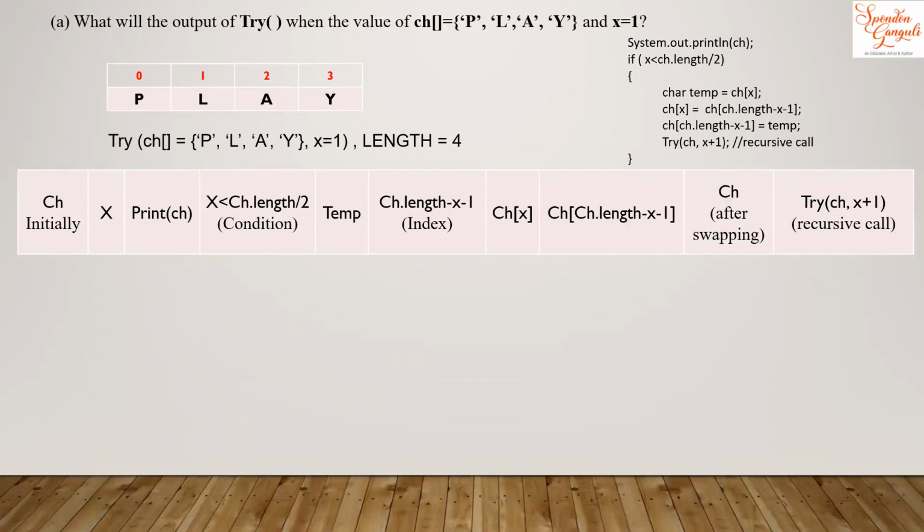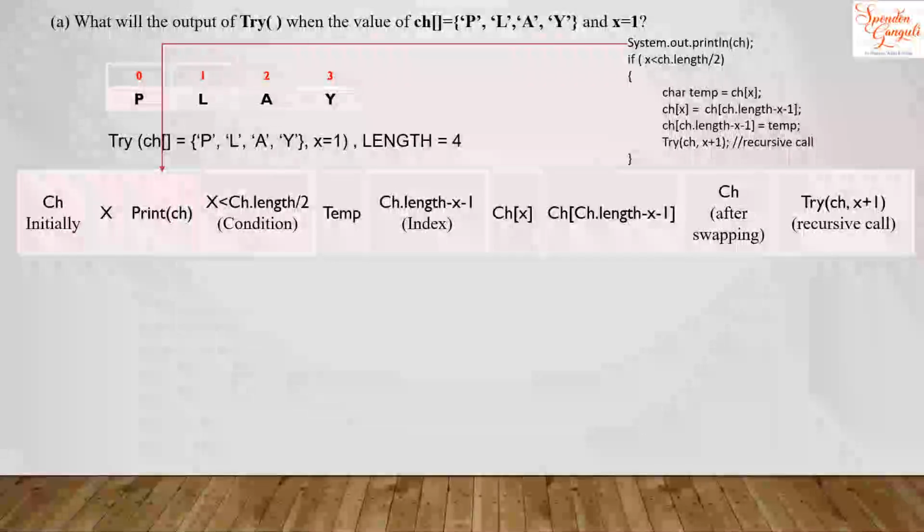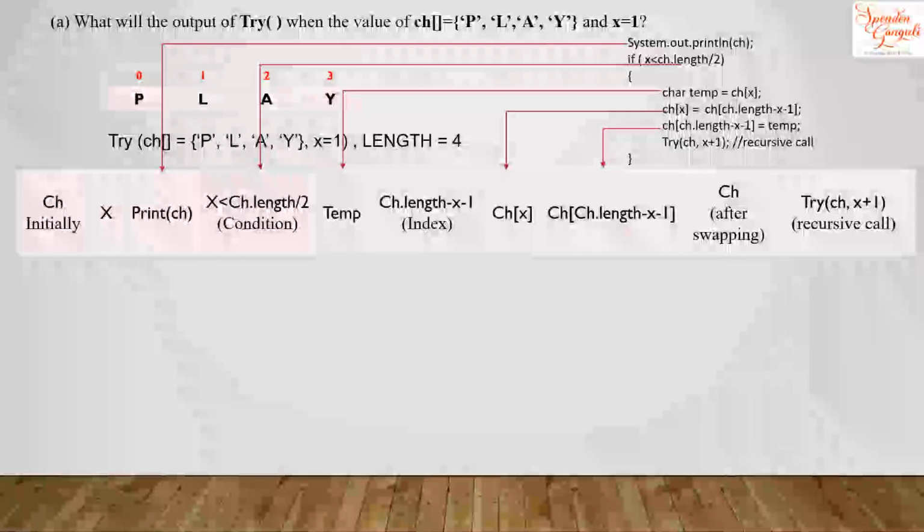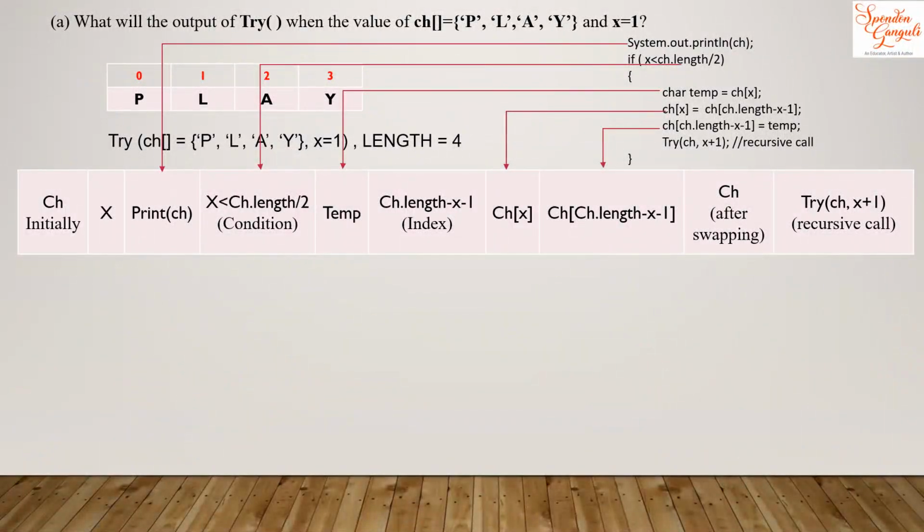So you can see first is the initial value of the character array ch, then the value of x, then the print statement, then the condition that decides whether the recursive function call will continue or not, the temporary character variable, the index position of the second character, then the two swapped characters, and then finally the recursive function call.